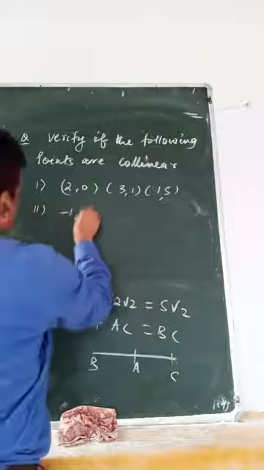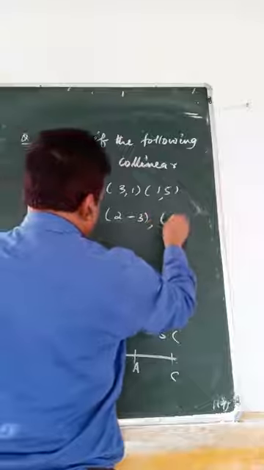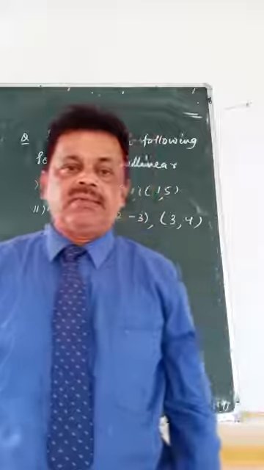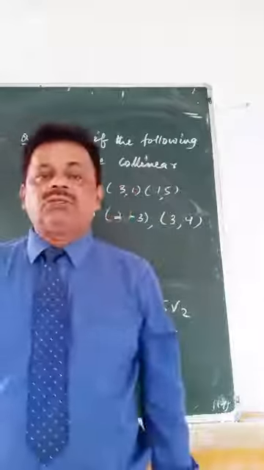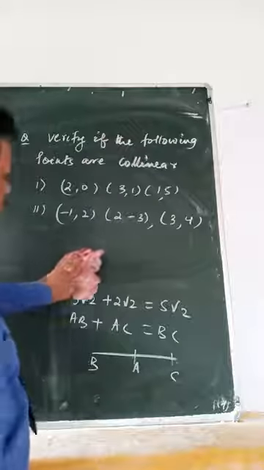Second, -1, 2; 2, -3; 3, 4. So try using the same concept: the sum of any two distances should be equal to the third one. Okay, this is about collinear points.